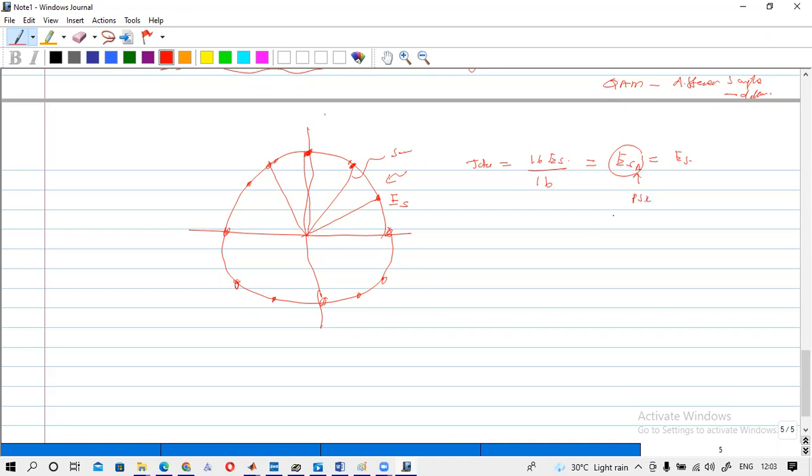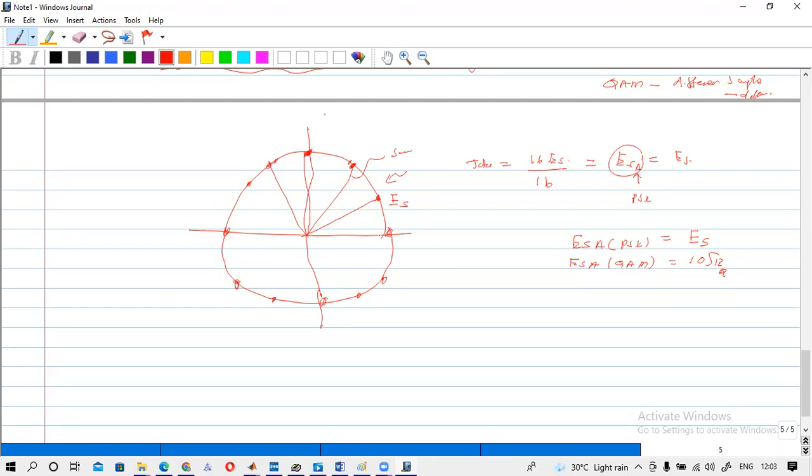Average symbol energy for PSK is equal to the symbol energy. But average symbol energy of CAM will be 10e. So this e is some kind of energy.